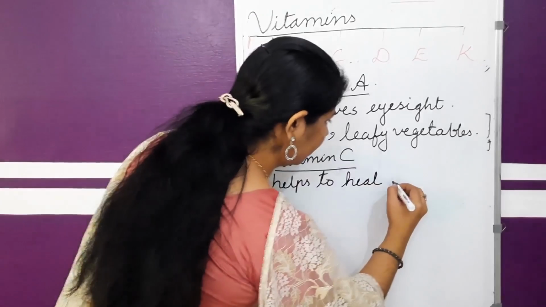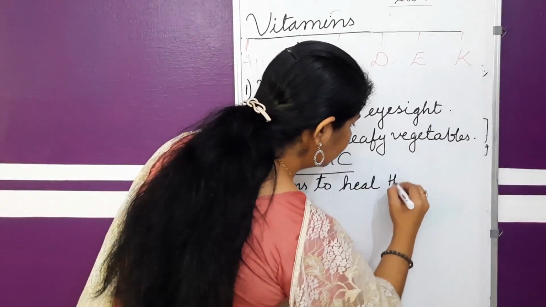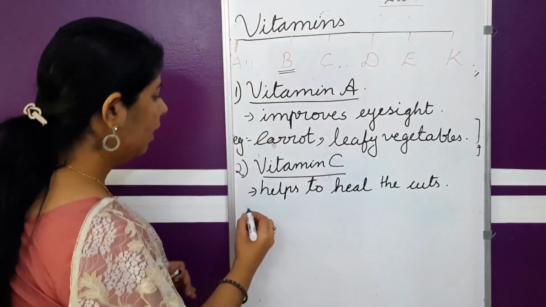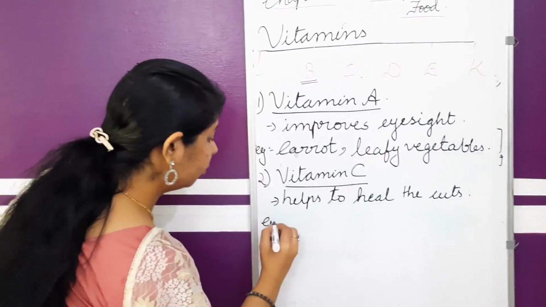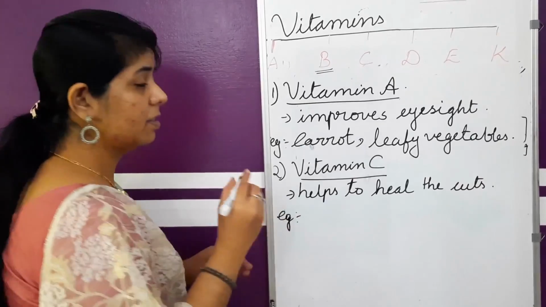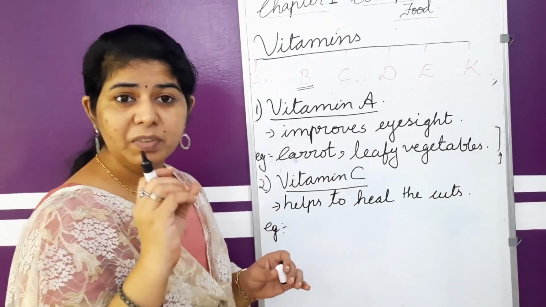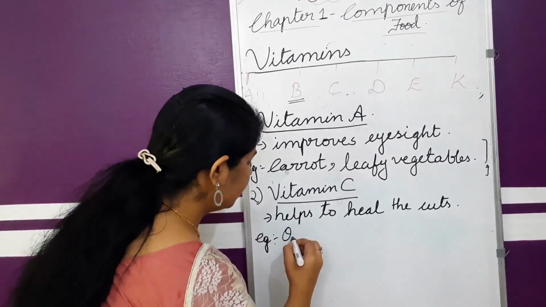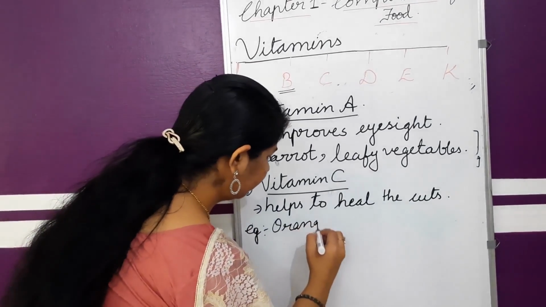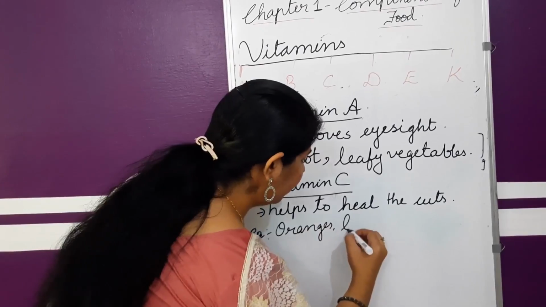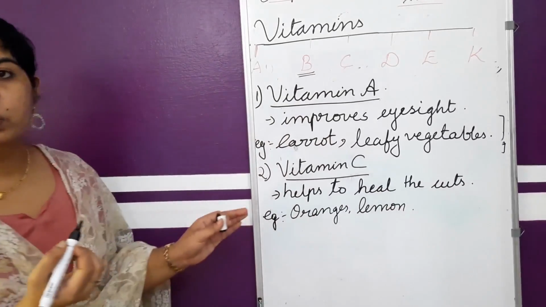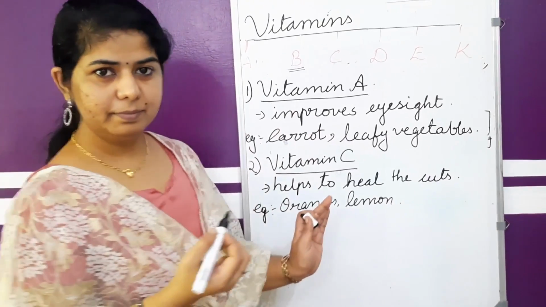Heal means what? Heal the wound or cuts in your body, and the foods rich in it are the citrus fruits, that is oranges, lemon. So all these things are rich in vitamin C.